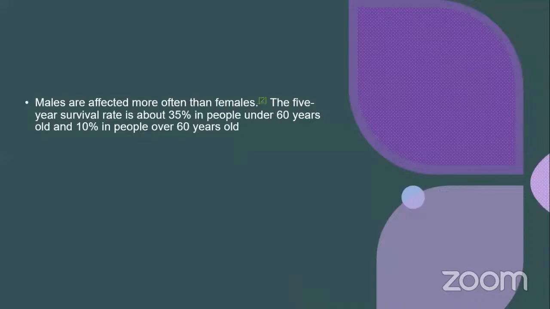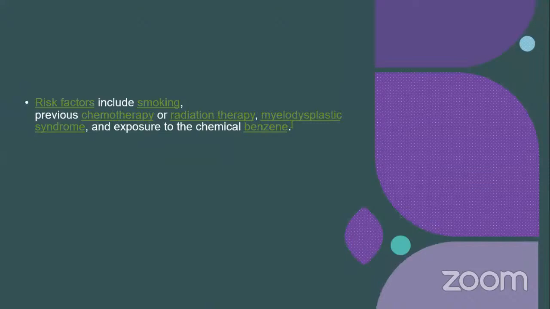Regarding AML, males are affected more often than females, and the 5-year survival rate is about 35% in people under 60 years old and 10% in people over 60 years. So it is a disease with a poor prognosis. The risk factors for AML include smoking, previous chemotherapy or radiation therapy, myelodysplastic syndrome, and exposure to the chemical benzene.